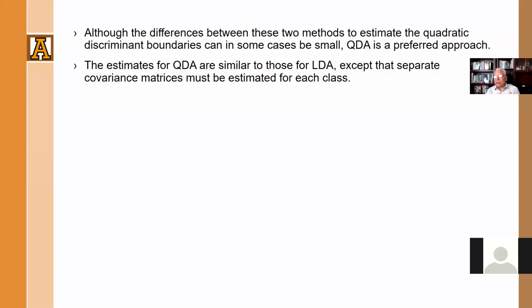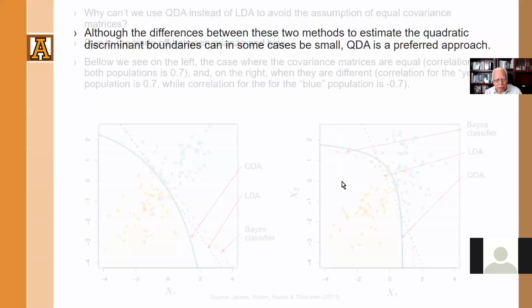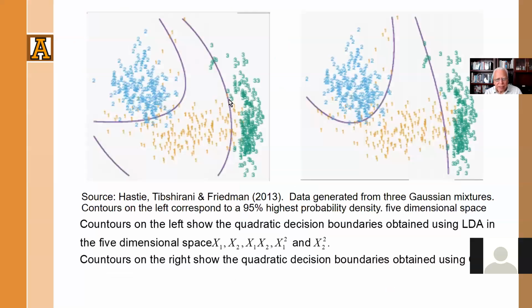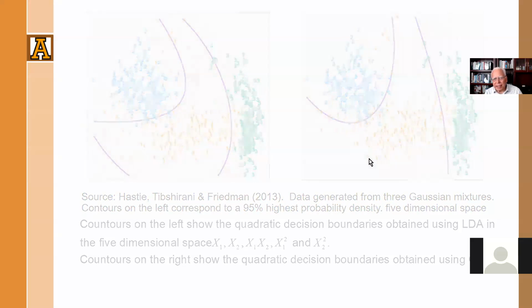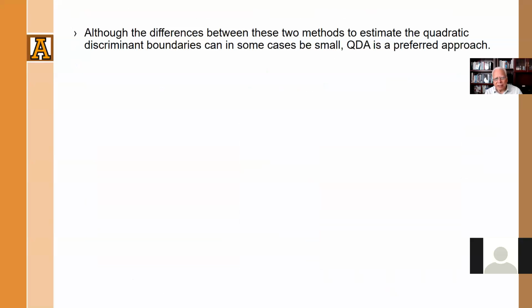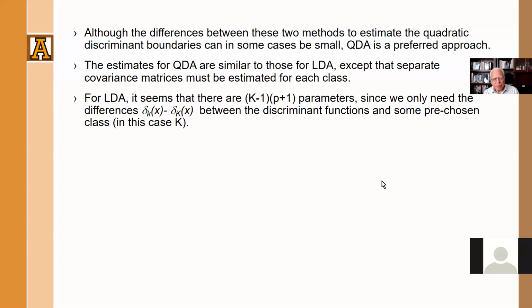You can see that those two were very close. So we could do the linear discriminant analysis, but in those cases quadratic discriminant analysis is the preferred approach.